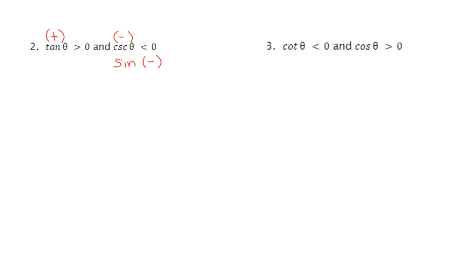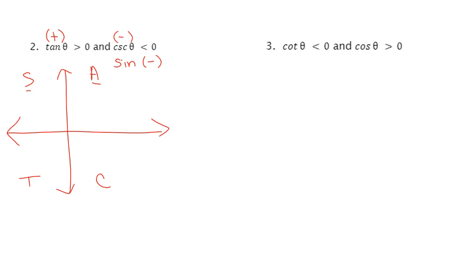So now when we look at our quadrants, I'm going to do the same thing. All students take calculus, or all Slurpees taste cold. And I'm looking to where tangent is positive.